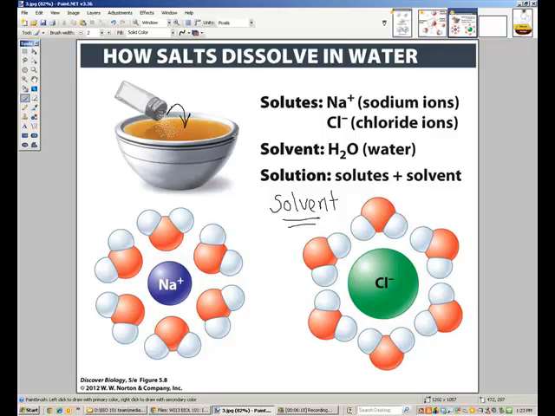And that happens in cells too. So cells are mostly composed of water. They're about 85% water. And so everything is going to get dissolved into that water.